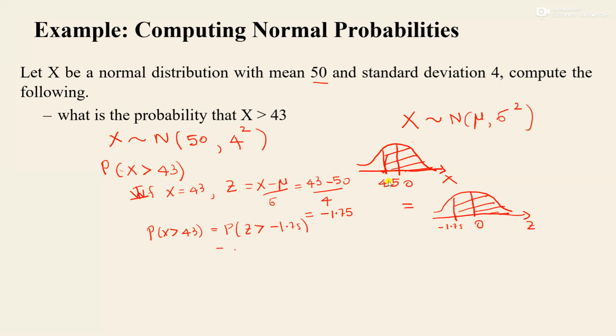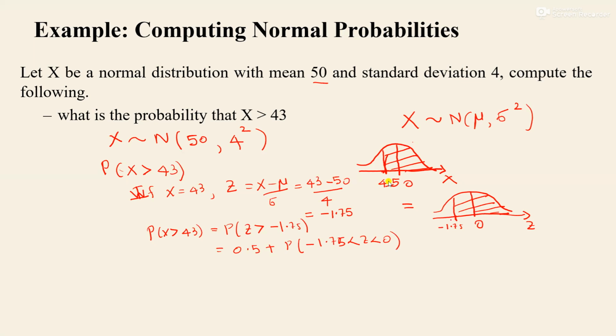So that is equal to, this area is 0.5, so 0.5 plus probability of minus 1.75 less than z less than 0. This area plus this, right?